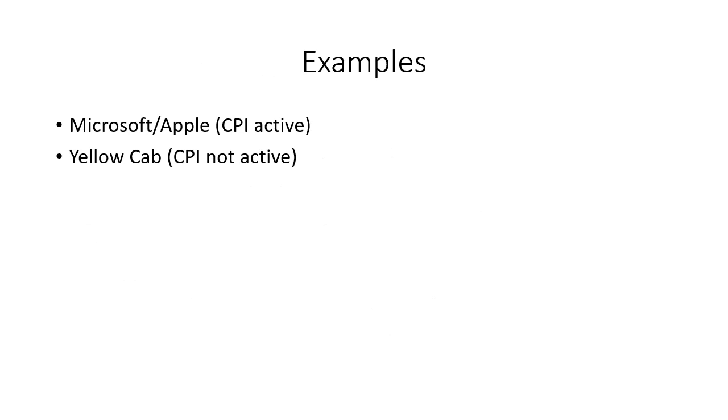Okay, so here are the examples, and instead of writing them all the way out because I thought it would take too much room on the slide like last time, I'm just going to explain what I wrote here. So Microsoft and Apple, CPI is active. What I mean by that is they are always changing and improving what they sell and their process for creating things because they're a tech company. Tech companies thrive off change and innovation.